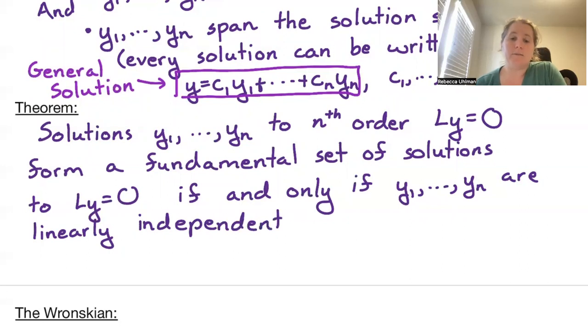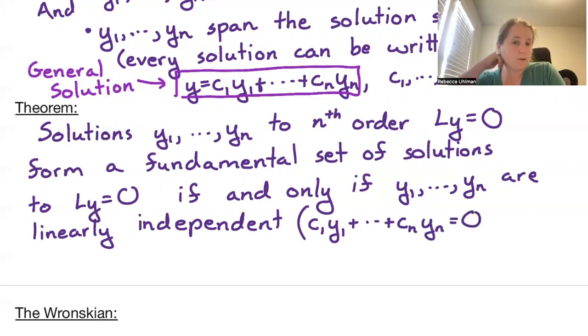Here, linearly independent is the same linearly independent we are used to seeing in linear algebra. So this means that c1 y1 plus all the way through cn yn equals 0 happens only when c1 through cn are equal to 0.